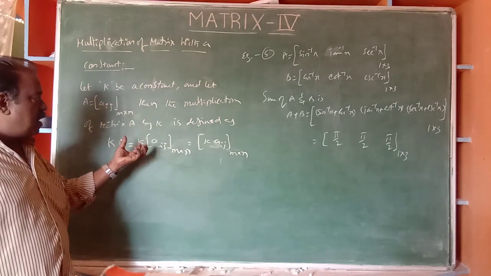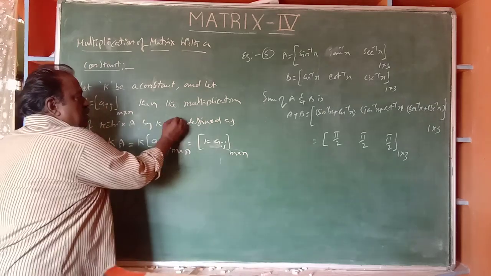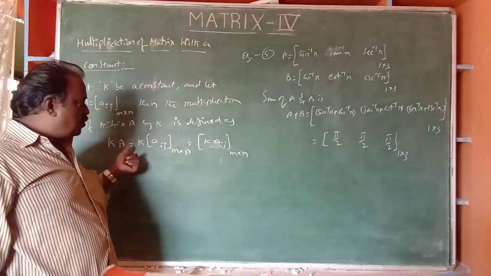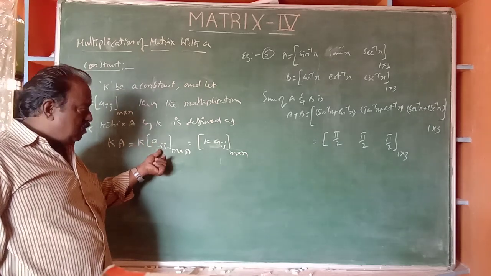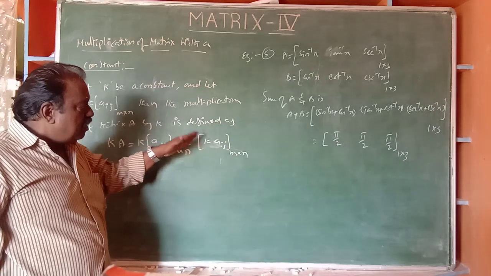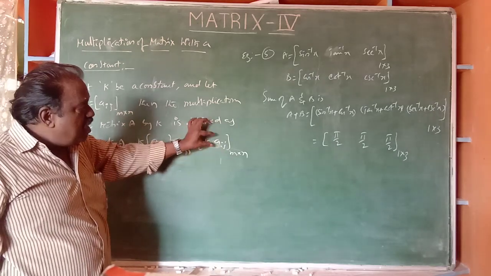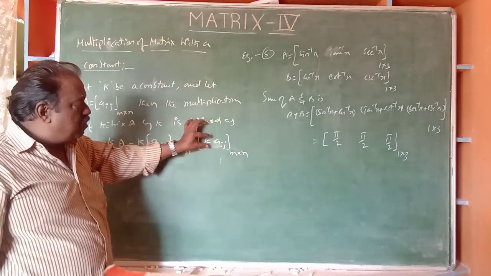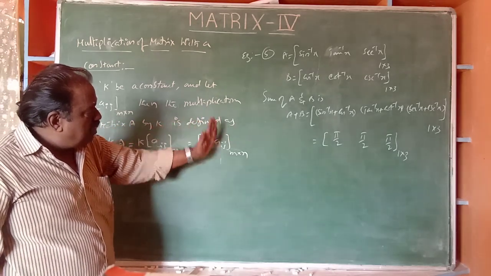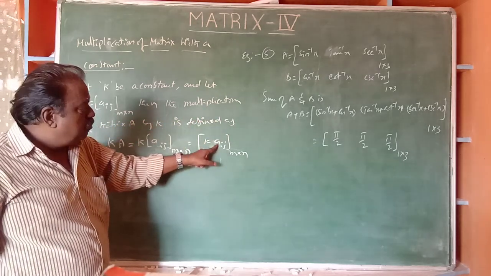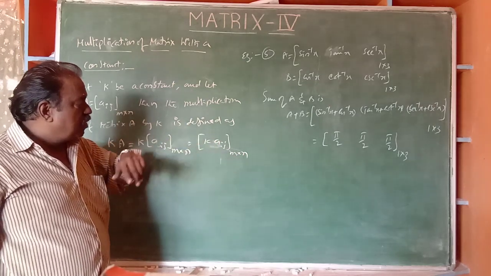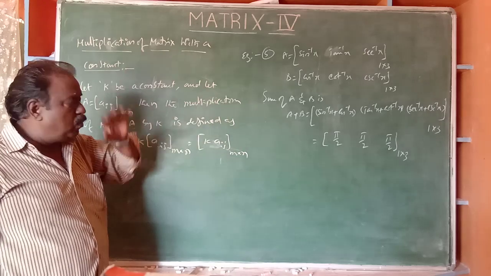It is defined as KA means K into Aij, where K enters into the brackets. Aij is not a single element; it is the ith row and jth column element only, but i is going up to m and j is going up to n.